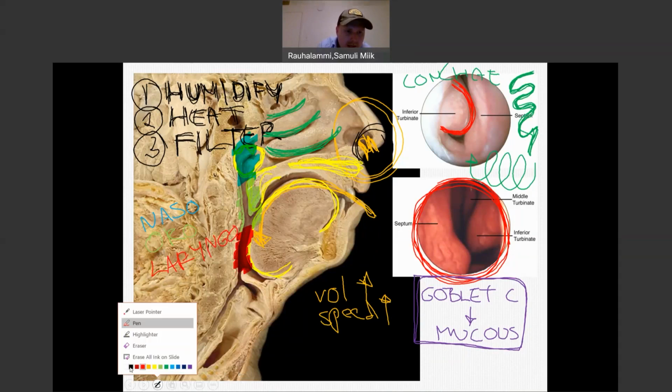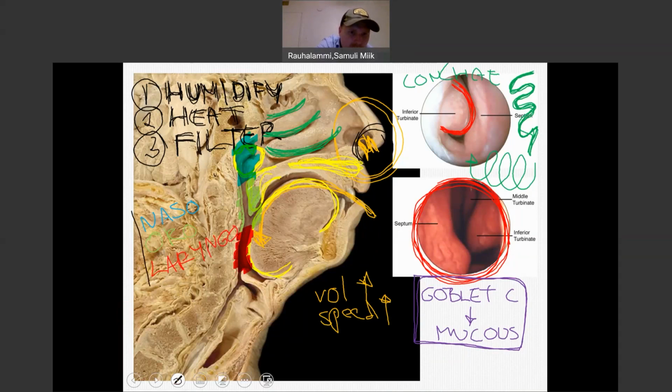So those should be familiar from our discussion earlier on in the class, and they are worthwhile structures that we can really nicely see on this mid-sagittal cadaveric dissection.